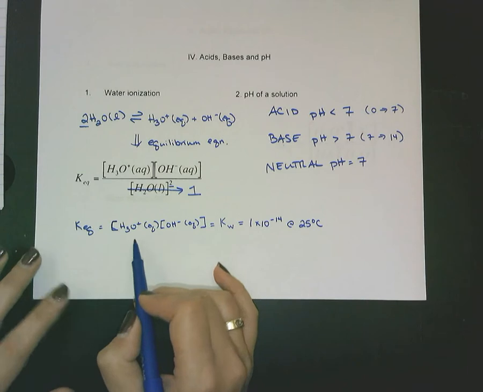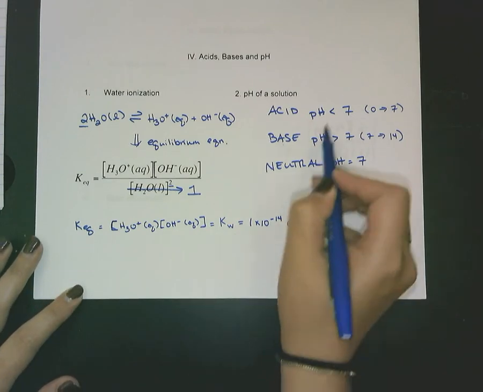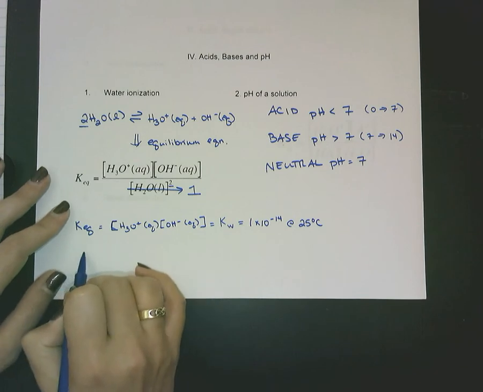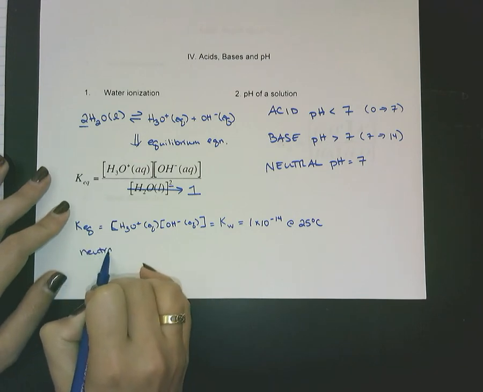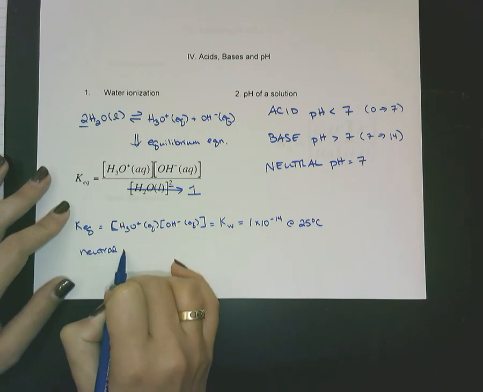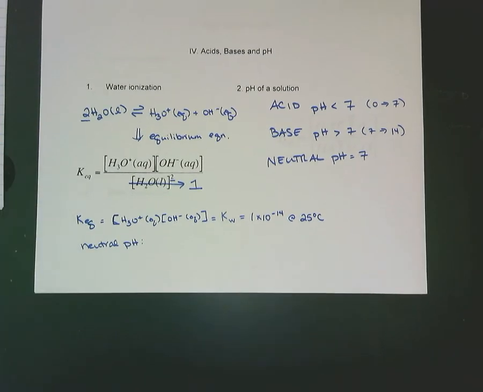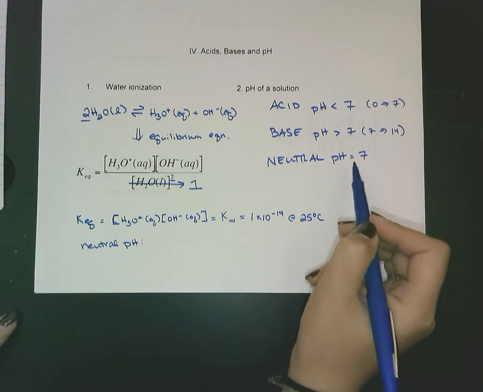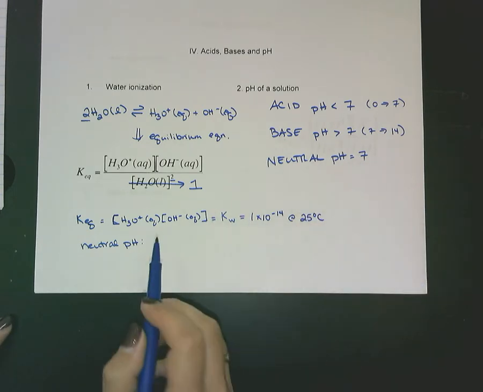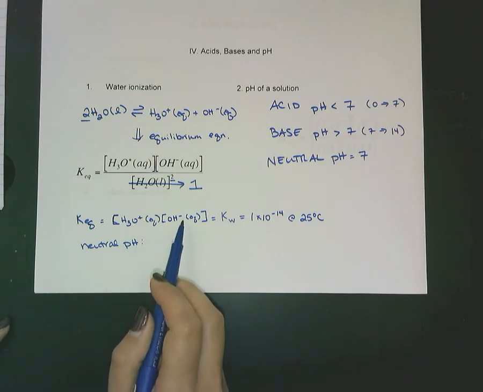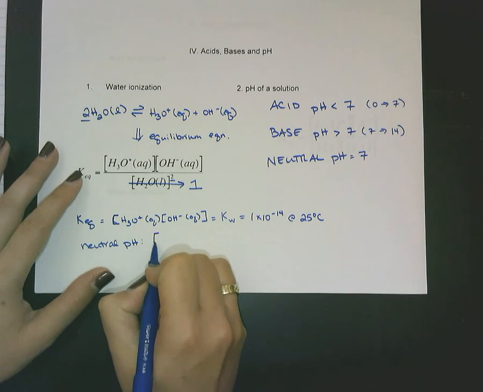So I'm going to use this Kw to figure out why we have each of these pHs. So let's talk about neutral pH. At neutral pH, it's pH 7. But what does that tell me about the concentrations of each of these? They are equal.